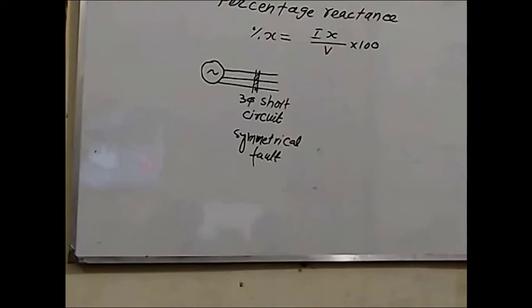Now, percentage reactance. Percentage reactance is defined as percentage reactance equal to Ix divided by V. Why we have written that equation, how I am showing you.